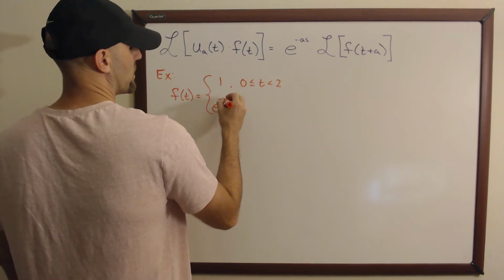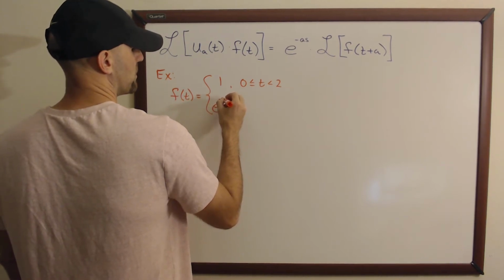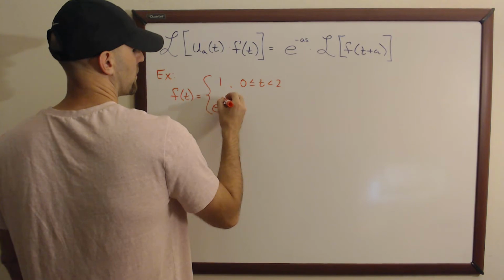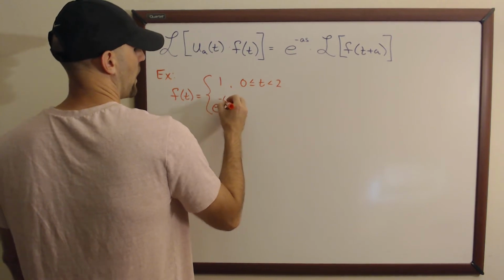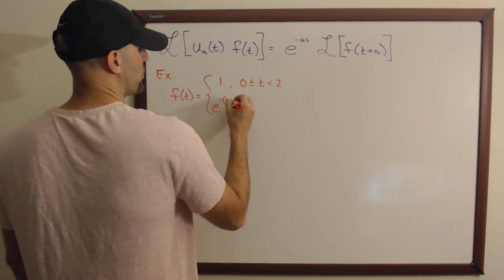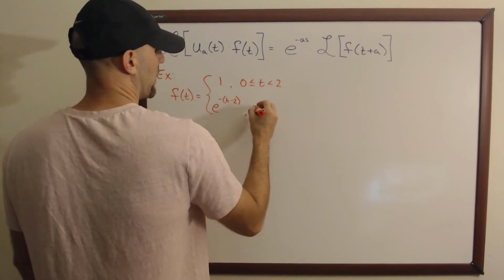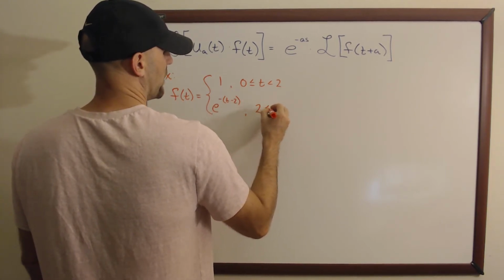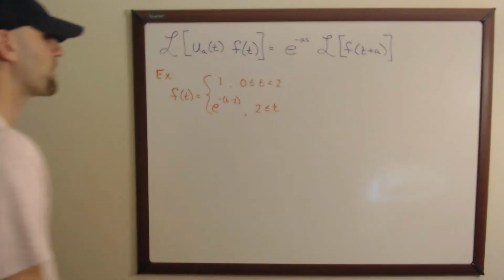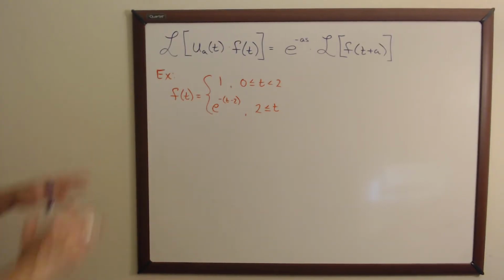You know what, we'll just do t minus 2. I was going to make it a little bit more complicated, but I figure maybe we'll hold off on that. So I want the Laplace transform of this.